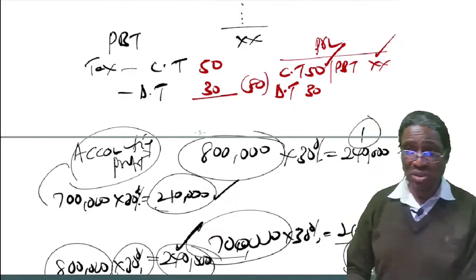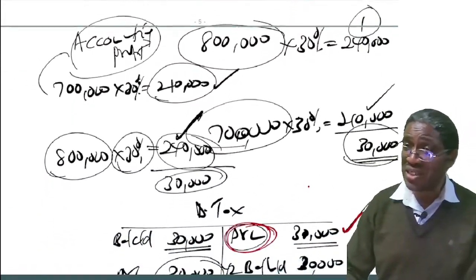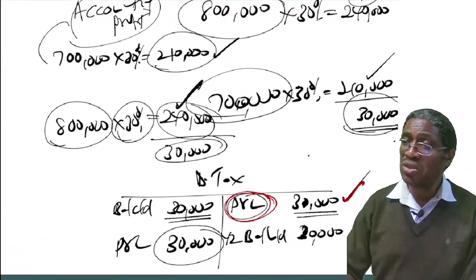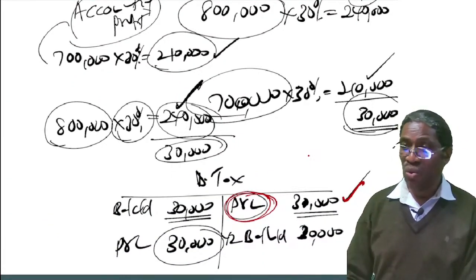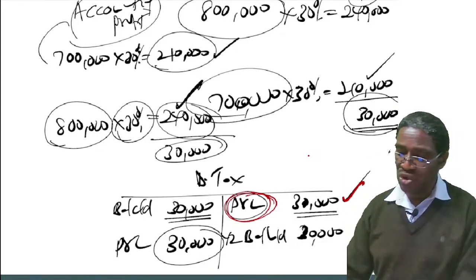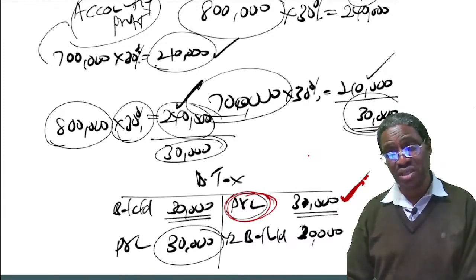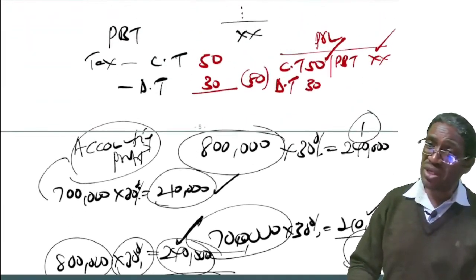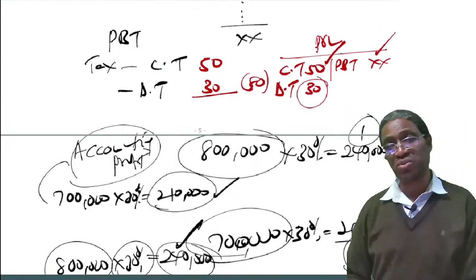So, when do you add the 30? When you transfer the amount to the deferred tax. Why? Because you must have credited deferred tax by 30. Then automatically it means you must go and debit P and L. Look at year 2.